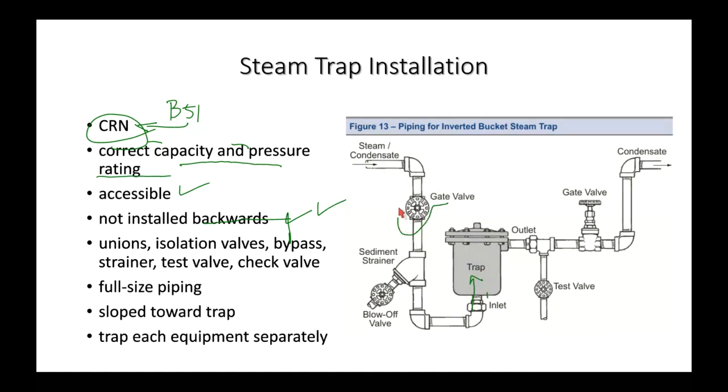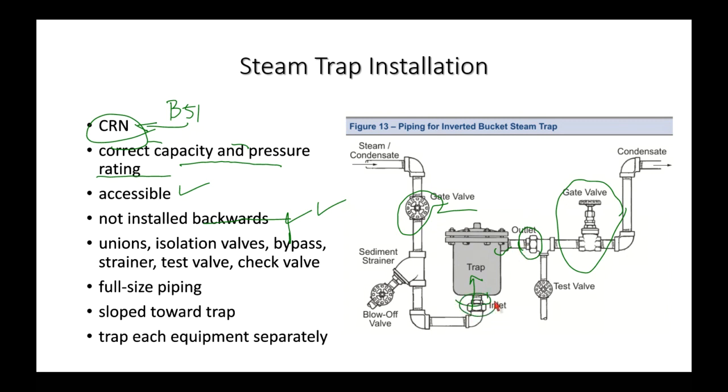Other things we've got going on. We have a gate valve here at the inlet to this trap, and we've got another gate valve at the discharge of the trap. Those are both there for isolation purposes, so we can take the trap out and replace it or service it.